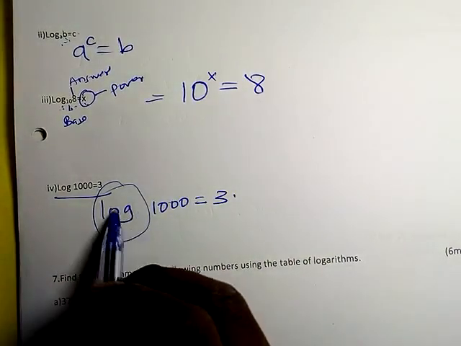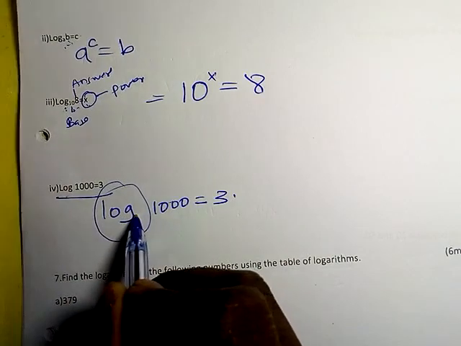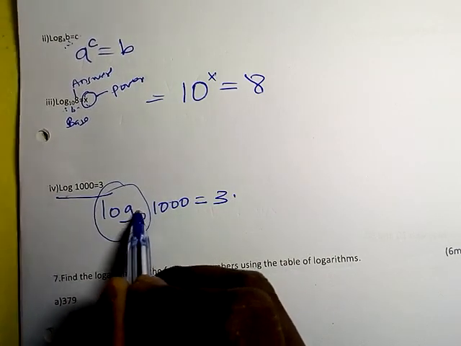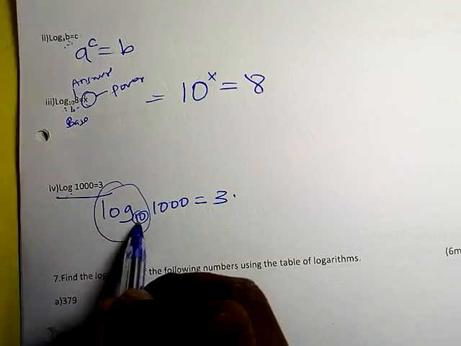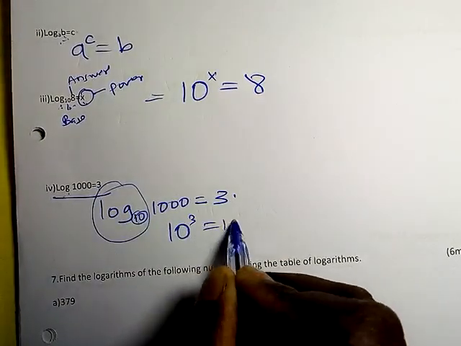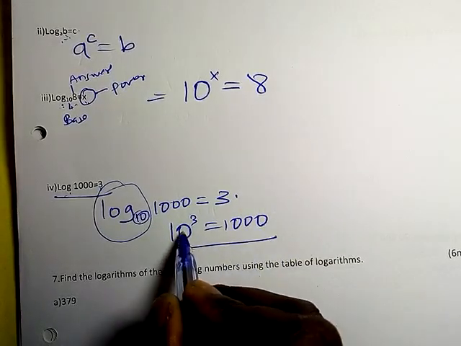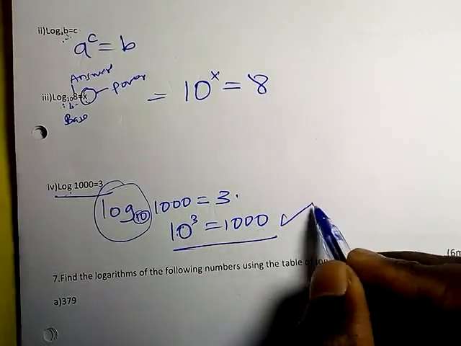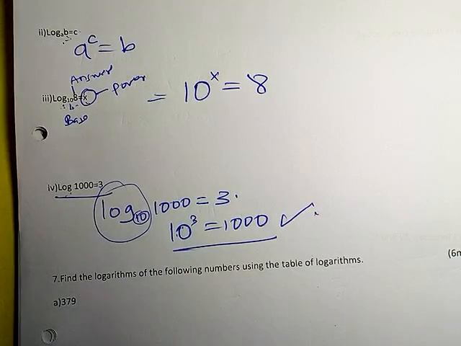If the log has been written and there's no base, the base is always 10. So base 10, and this is the power, the answer is 1000. We know that 10 raised to power 3 is 1000. Very good.